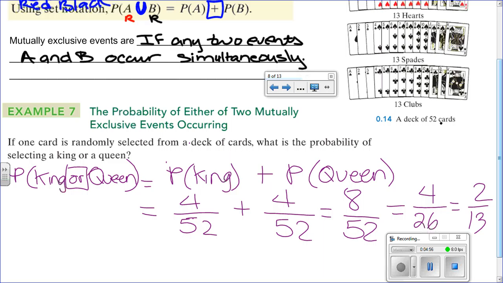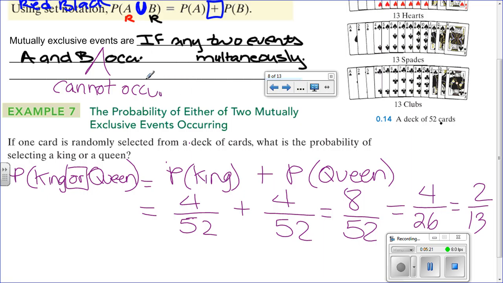So mutually exclusive events are two events, any two events A and B, that occur simultaneously. Okay, so I'm actually going to correct the definition here. I'm going to say that they cannot occur simultaneously. Think about this.